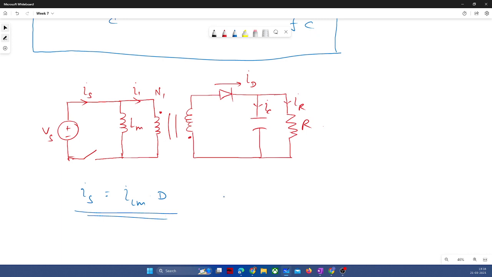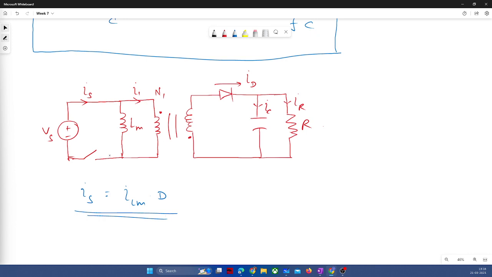Okay, so if you agree, now. Sir, can you please explain this, because this looks like an input output average current relation? I just want to convey that this source current is the same current going through the magnetizing inductance when the switch is closed, right?